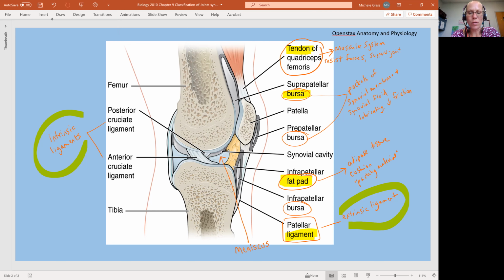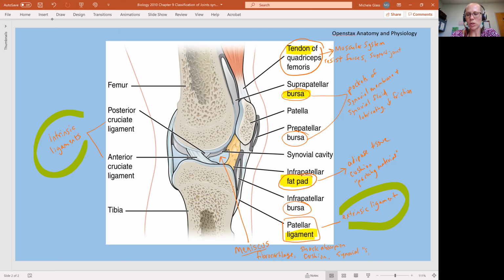Menisci would be the plural form of the word. The meniscus is going to be fibrocartilage. It's going to do shock absorption. It's going to be a cushion. And I'm going to call it here a synovial "sponge."